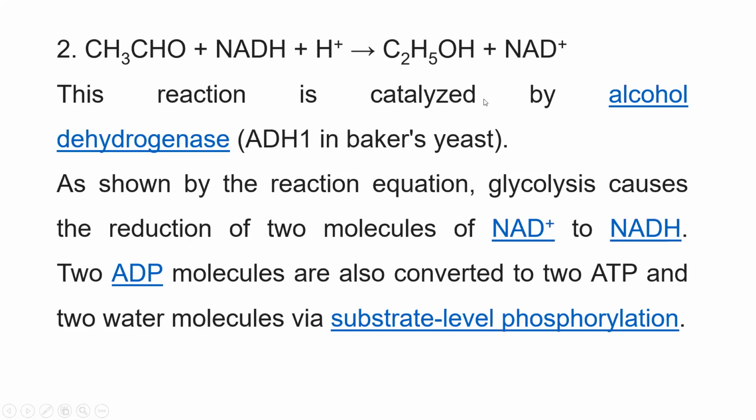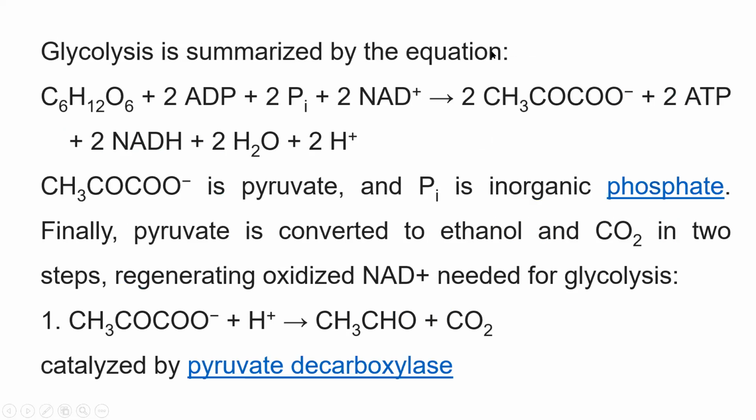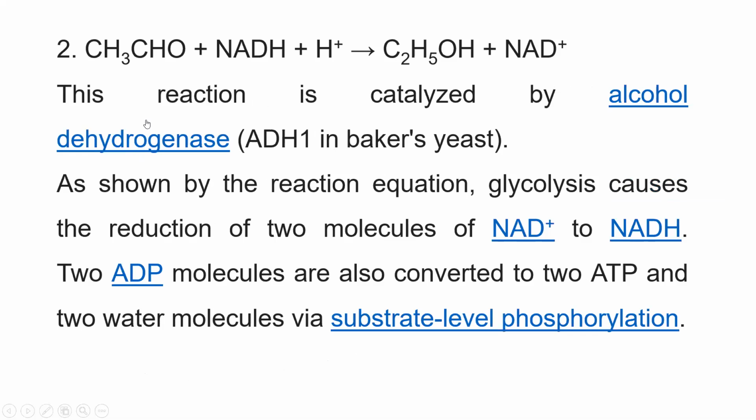So only 2 steps are required for the alcohol fermentation. One is the pyruvate decarboxylase enzyme, which catalyzes the conversion of pyruvate into acetaldehyde, CH3CHO. Later on the acetaldehyde in presence of NADH plus H plus is converted to ethanol.